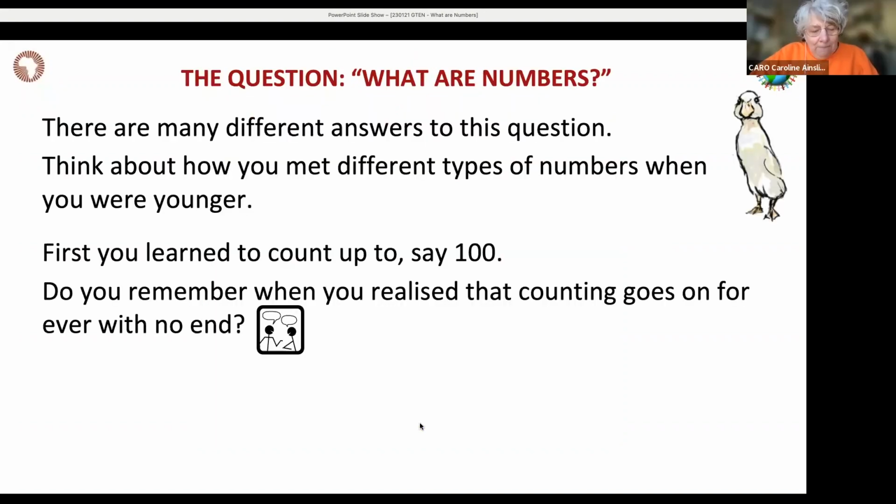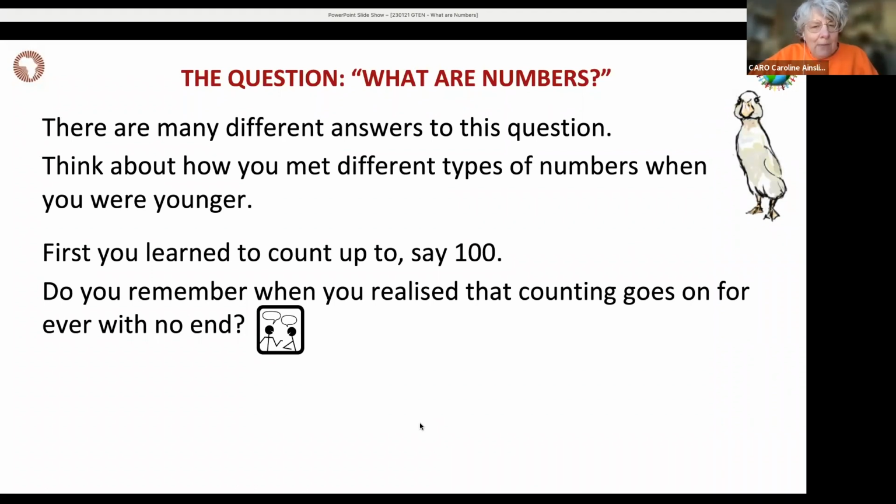What are numbers? Depending how old you are, depending where you are on the spiral, you're going to answer this differently. But we want to think back to when you were very young, or you've got very young learners in your life or in school. First, you learn to count up to 5, 10, 20, 100.